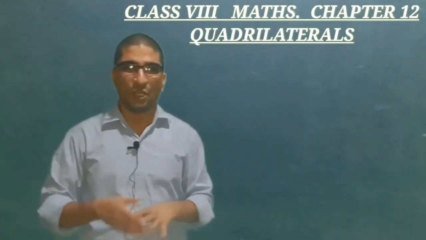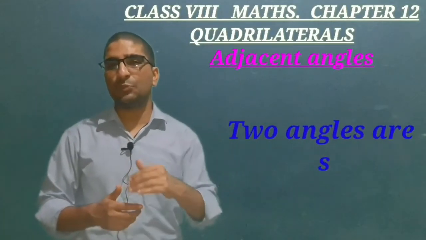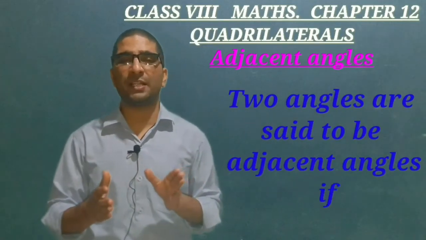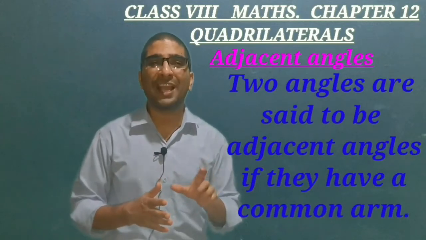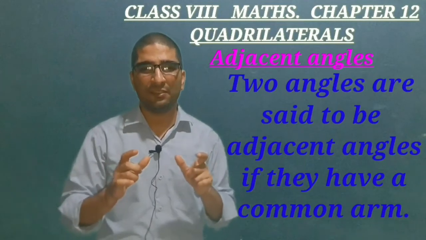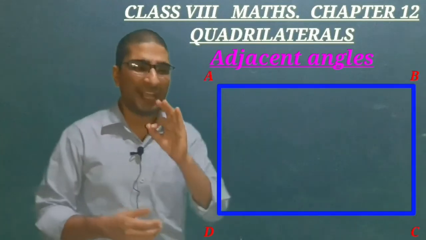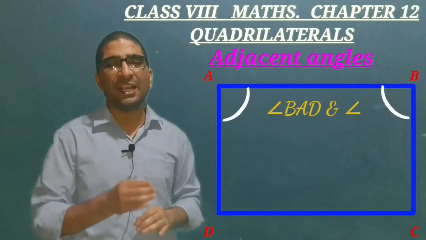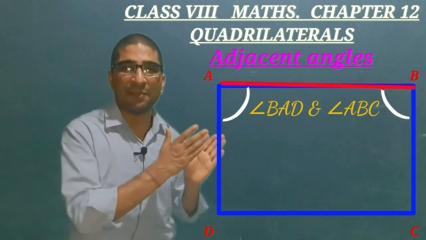Next, adjacent angles. Two angles are said to be adjacent angles if they have a common arm. If two angles stand on the same arm, then these two angles are called adjacent angles. Here angle BAD and angle ABC stand on the same side, that is AB.